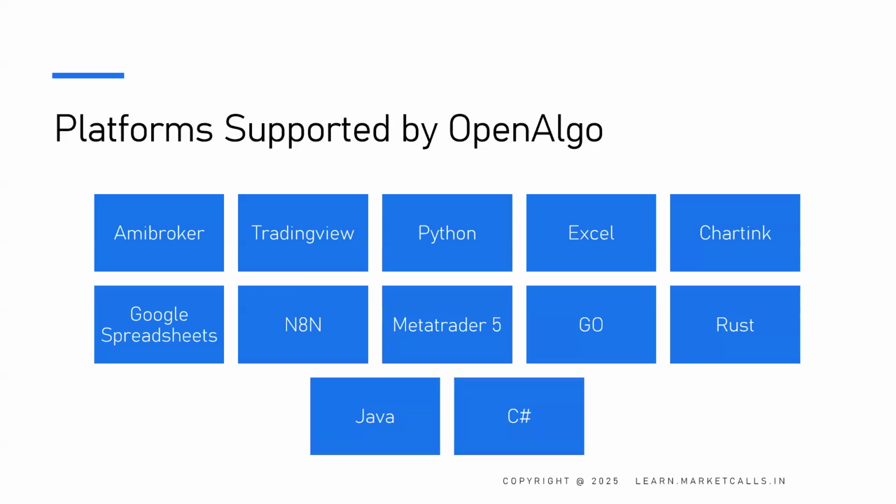Or even if you're a programmer, you can write your strategies in Go, Rust, Java, C++, C Sharp. There is no limitation on the number of platforms you can run simultaneously. If you have strategies in Amibroker and Python, you can run them simultaneously. Or if you have strategies in an Excel sheet, TradingView and Amibroker, you can run them in parallel.